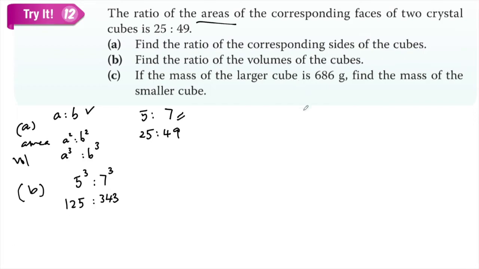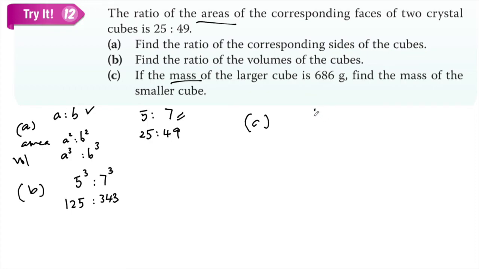And for part C, it is slightly different. We talk about the mass of the larger cube, and you want to find the mass of the smaller cube. When we talk about mass or volume, we're generally referring to the whole thing as a three-dimensional figure. So we can continue to use the ratio of volume in this case.